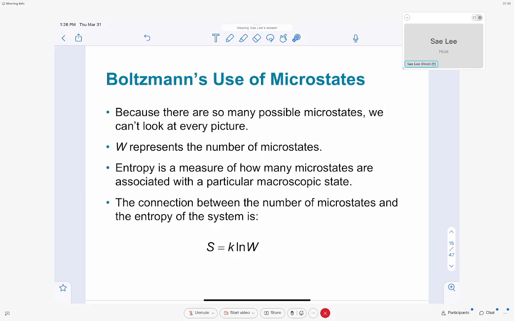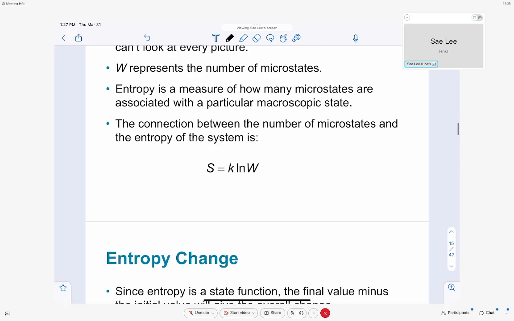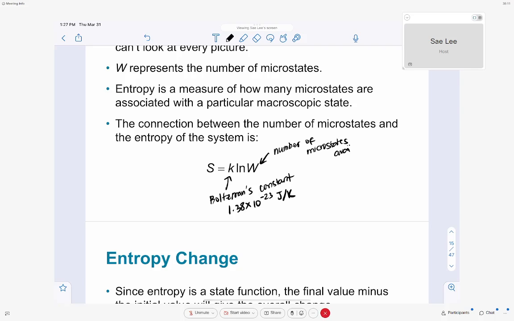The letter W indicates microstates. The mathematical relationship between entropy and microstates was also developed by Boltzmann: entropy equals k, the Boltzmann's constant, in joules per Kelvin, times the natural log of the number of microstates available.